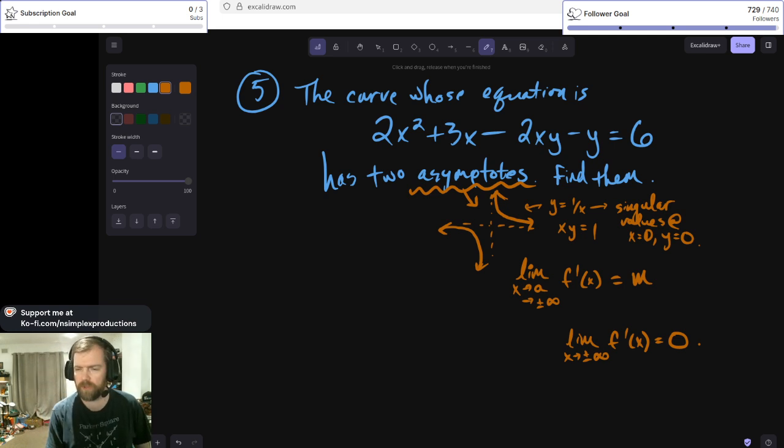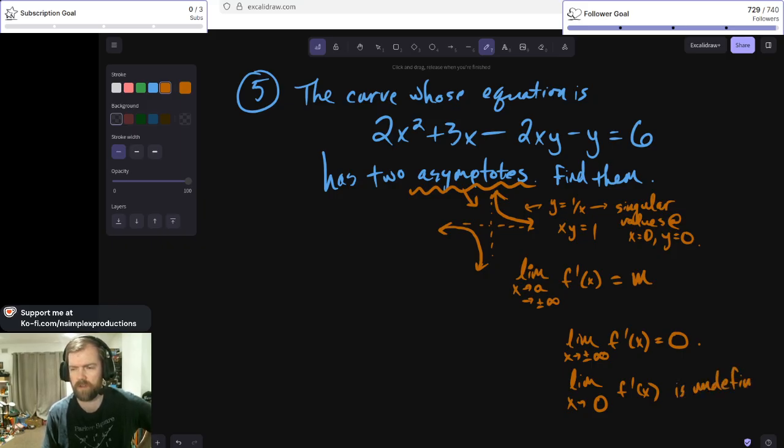And that's all well and good, but what about 0? F prime of x is undefined. Again, all cool, but what about some other function that ends up with a slant asymptote?